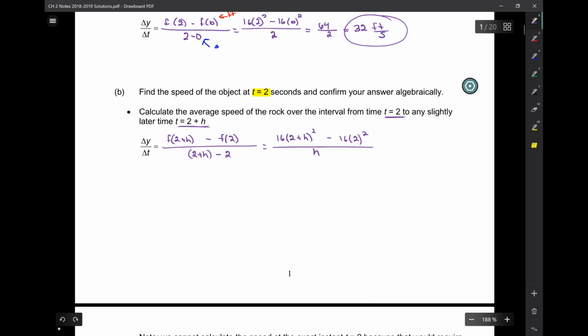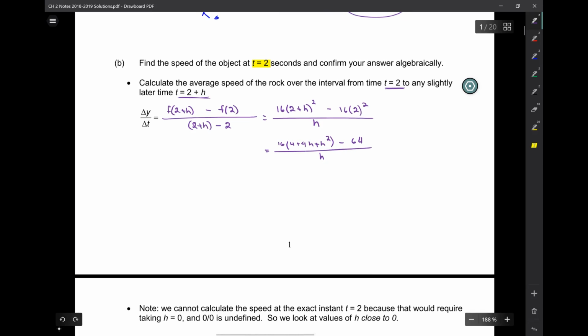Is that familiar? Yeah? Okay. So here, this is 16 times (4 plus 4h plus h squared) minus 64 over h. And this is 64 plus 64h plus 16h squared minus 64 over h.